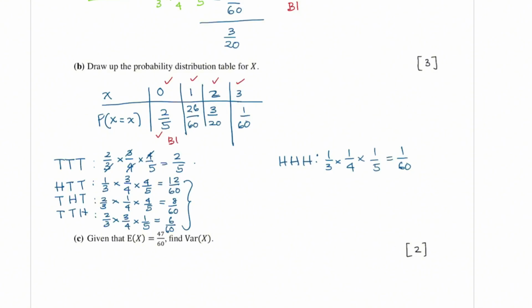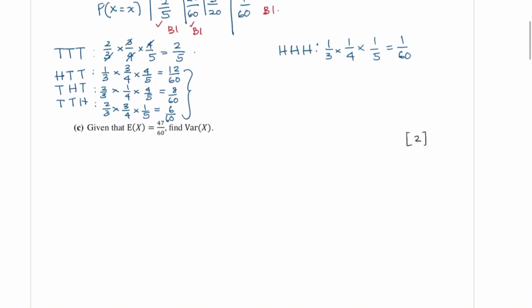The second mark is when you have one more correct non-zero probability which is linked to the correct outcome, which for me, I got it here, and that is a B1. The third mark, the last mark, will be given when you have all 4 probabilities correct, and that is B1. Altogether, 3 marks.